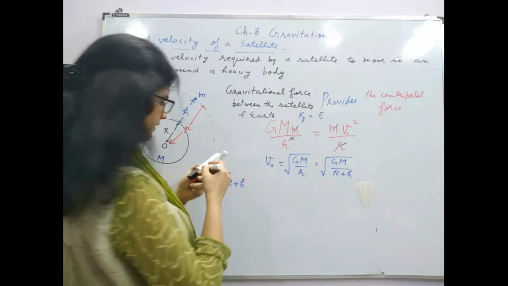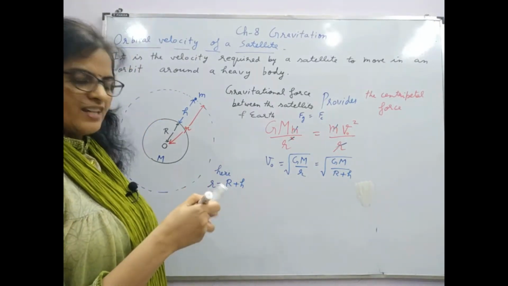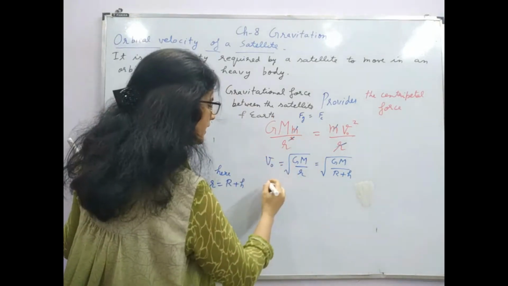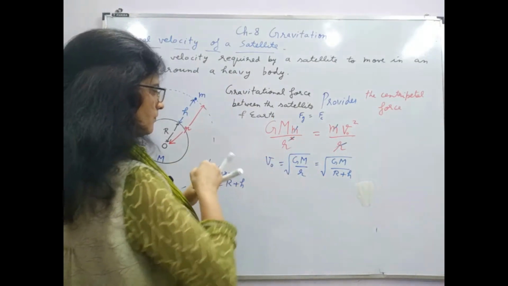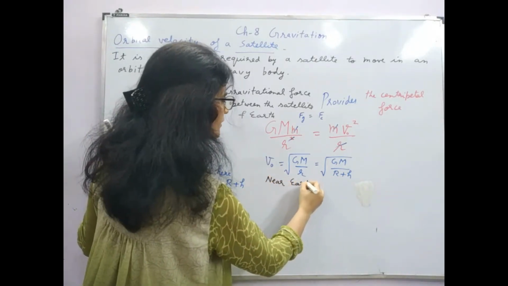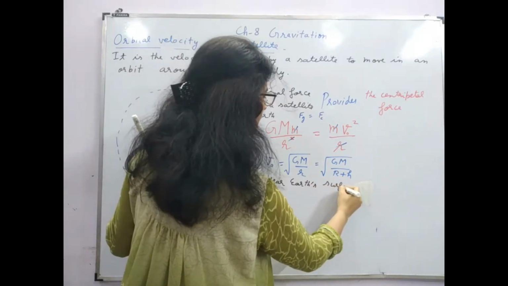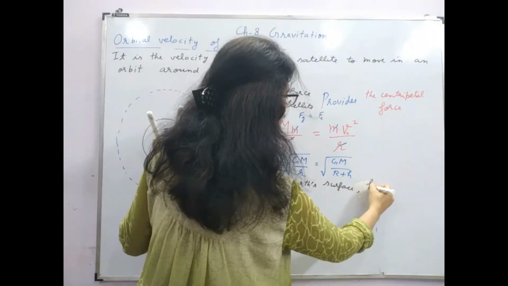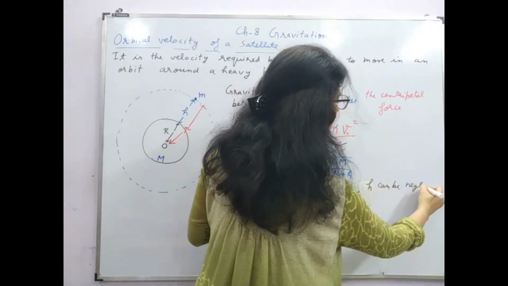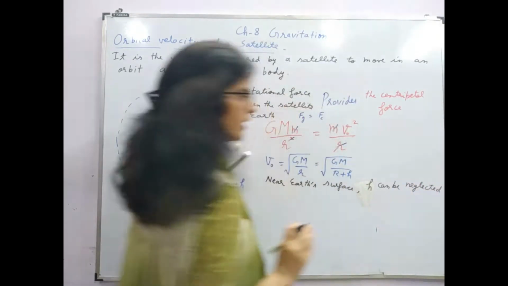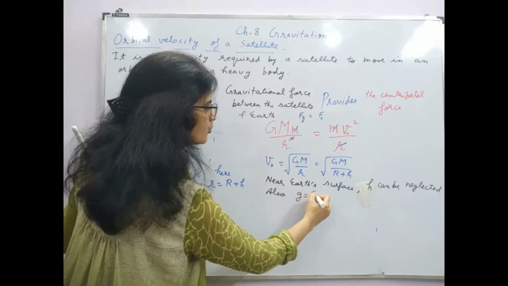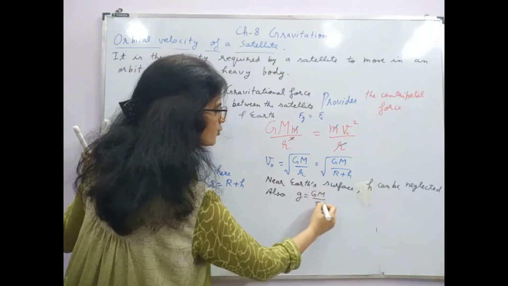Near Earth's surface, we can neglect h and also we can replace GM by gR square. Why? Near Earth's surface, h can be neglected, and also small g is equal to GM upon R square.